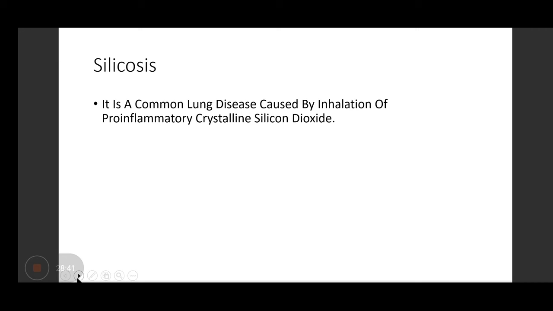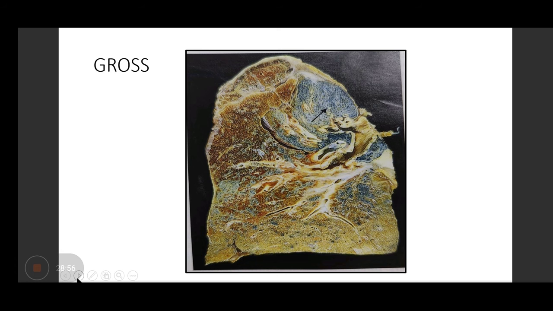And on microscope, this is a nodule where you can see collagenous deposition, and at the periphery there is pigment deposition. We will come to it later on. So it can occur in crystalline or amorphous form. Crystalline forms are mostly responsible for it.